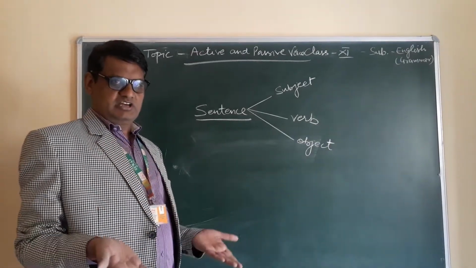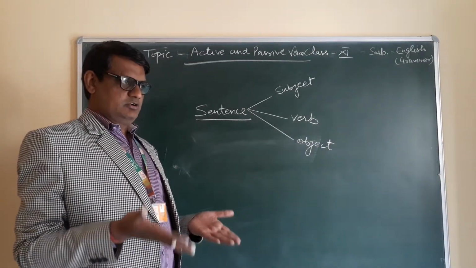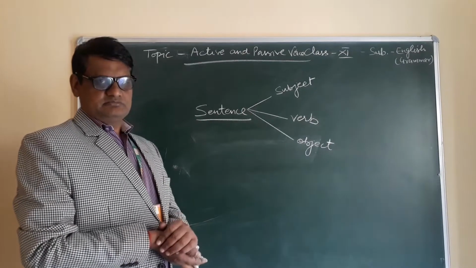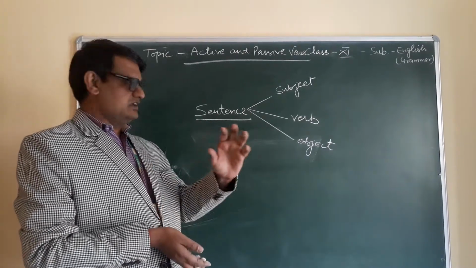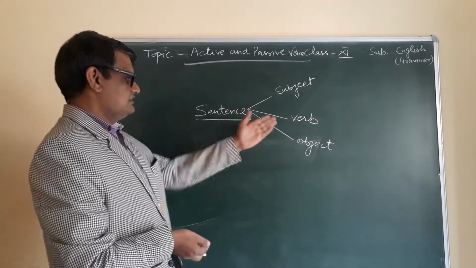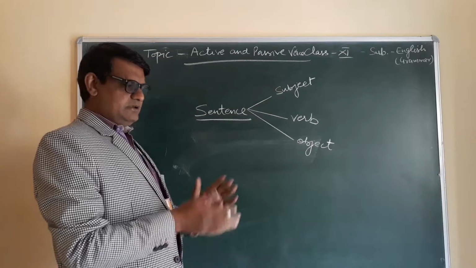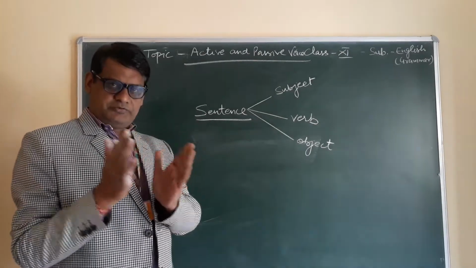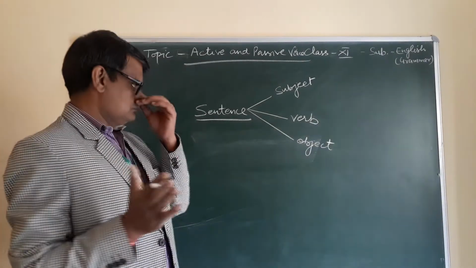A person or a thing about which we are talking is called a subject. In short, the doer of an action is called a subject. And then the verb. A verb is a kind of action.